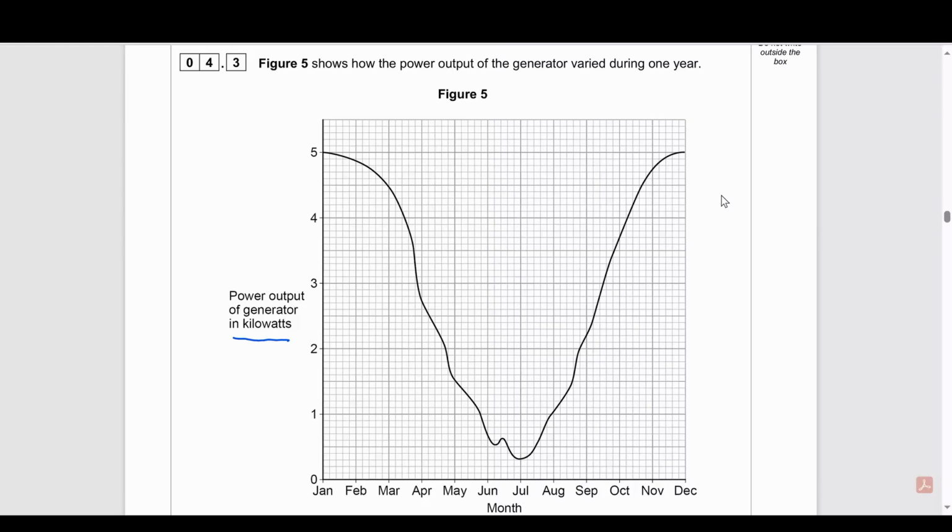And we can see from January, we've got a power output of 5 kilowatts, which appears to be the highest. And then as the months progress, it appears to decrease, going as far down as July, where it's lowest. And then from August to December, it's increasing again.